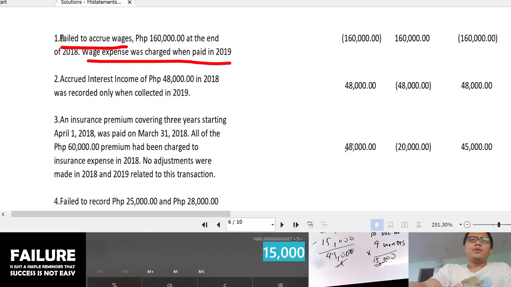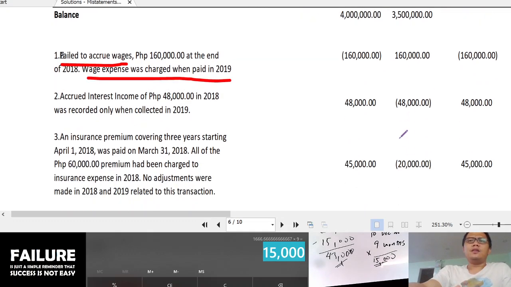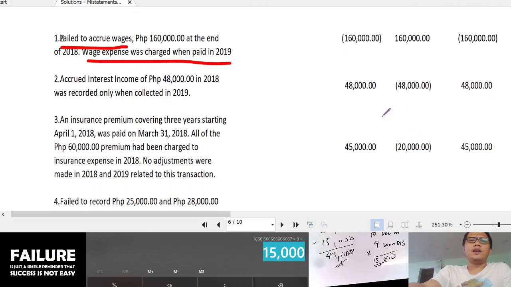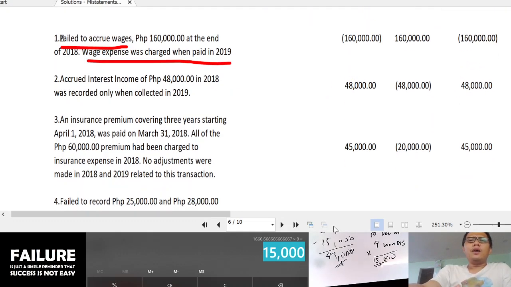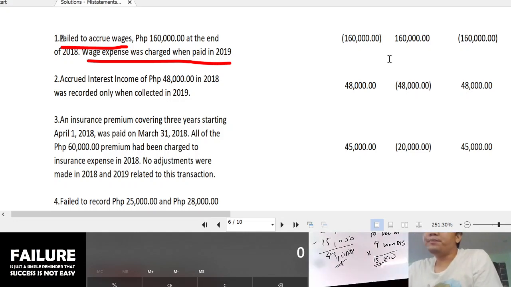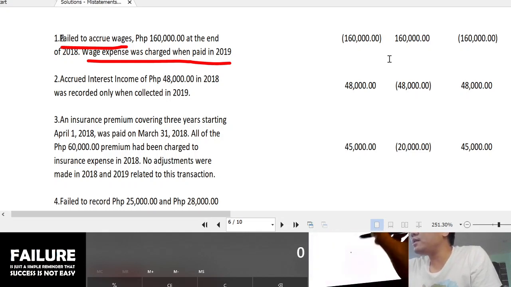Ang effect nito in 2019, okay? Ang effect nito in 2019 is that because it was already recognized fully as an expense in 2018, hindi ka na nag-recognize ng expense nito in 2019. Tama? However, di ba dapat in 2019 may na-recognize ka na expense for 12 months, di ba?